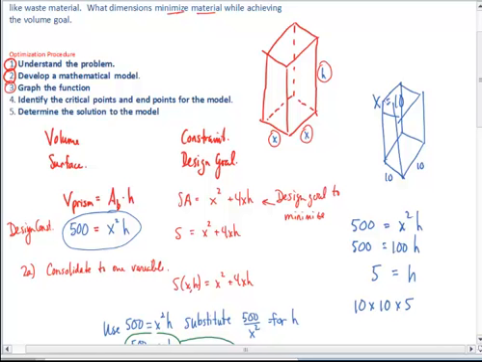The tank is 10 feet by 10 feet by 5 feet. I hope this helped, and move on to the next problem if there's time.